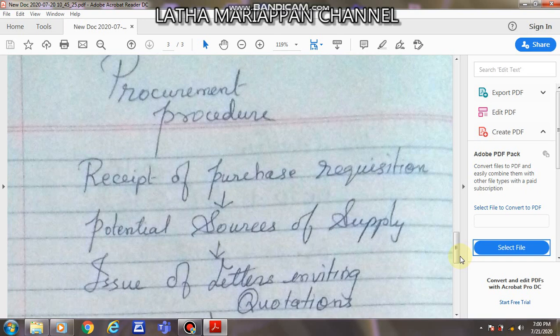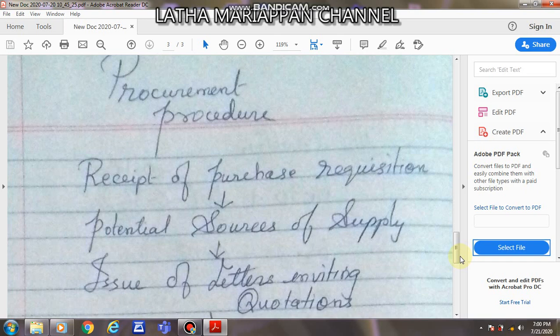It is reviewed periodically to add the names of new suppliers and delete the names of those who have ceased business or whose supplies or services have proven to be unsatisfactory. So this is our second step.